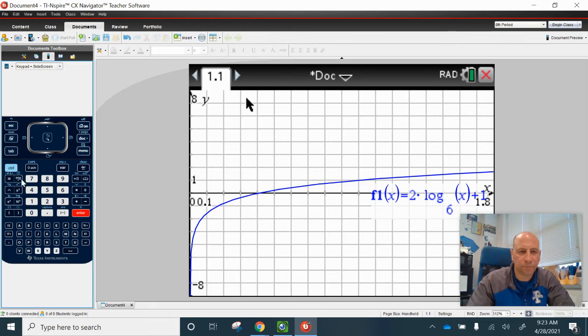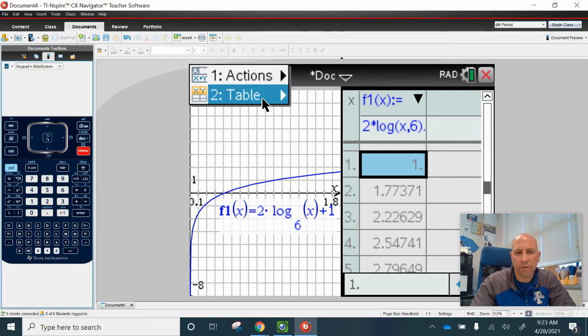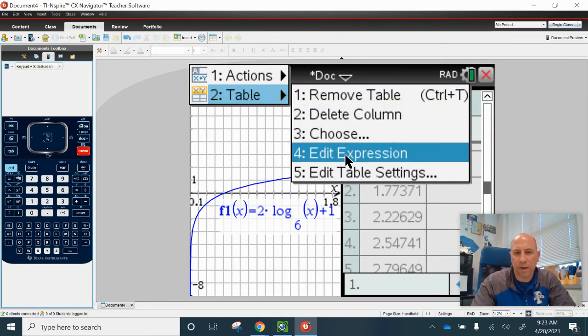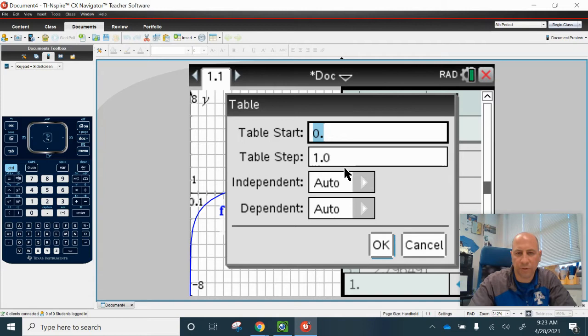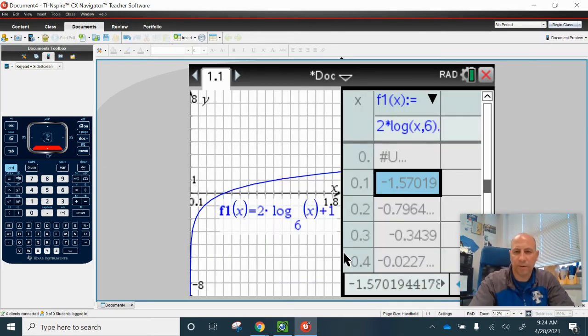Okay. So I press Control T, and we're going to go to Menu, Table, Edit Table Settings. We want to start at 0, and we're going to count by 0.1. Okay, we're going to ignore that.